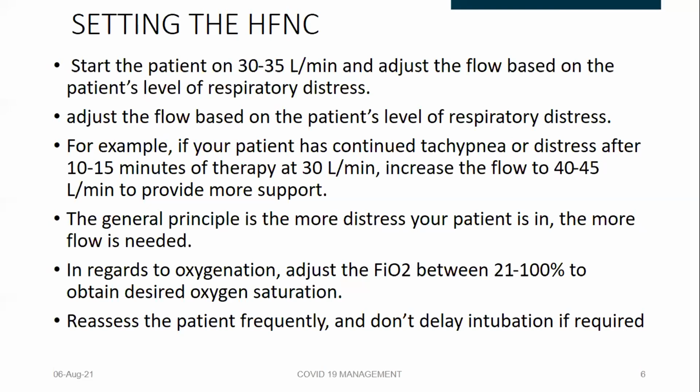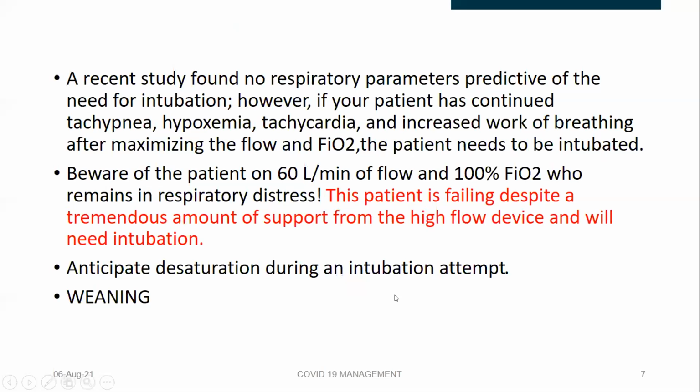In terms of oxygenation, the idea is to adjust the FiO2 from 21 to 100%, and this is going to be achieved by using the flow meter on the wall, because that's where your oxygen source is. Do not delay intubation if required. And there are a few other aspects that you need to note.